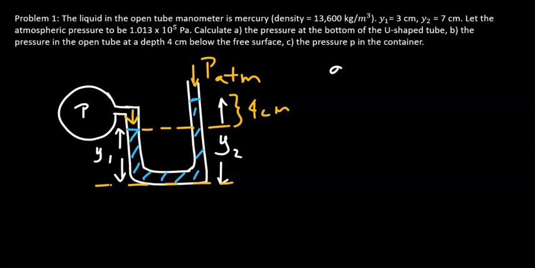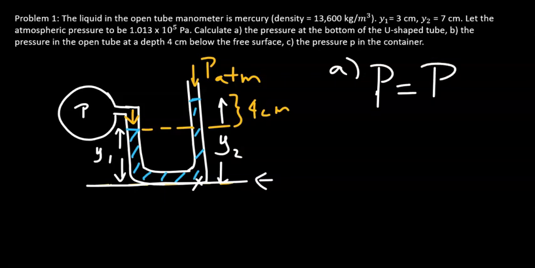So let's do part A. You want to determine the pressure at the bottom of the tube, represented by that line right there. The pressure at that level inside the tube is given by two terms. The first is the atmospheric pressure, which is the pressure the atmosphere exerts on the surface of the mercury right there.